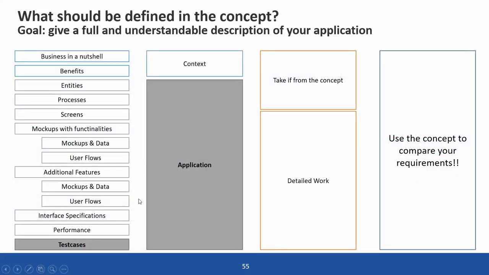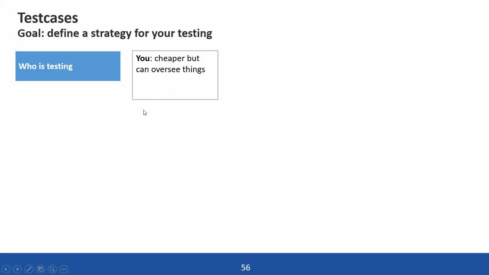So in the end, I only want to discuss the test cases with you. Why? Because, like I said, you will use these requirements and give them to some developers, and the developers can perhaps be a service provider, some external company that will do it for a price. And when you define the test cases, it will have an impact on the price they will charge you for your application, and also on the contract.